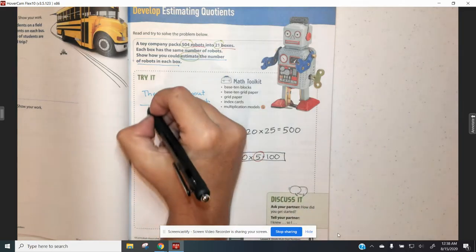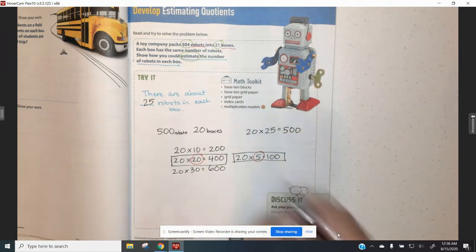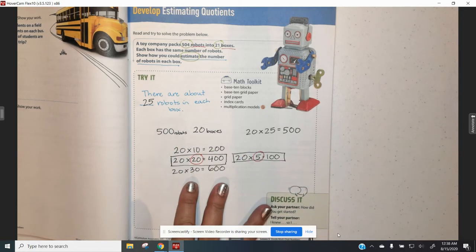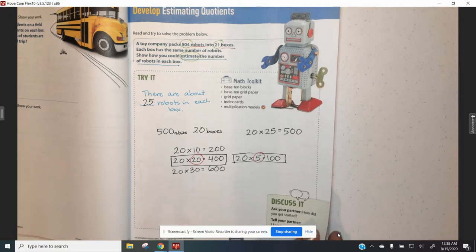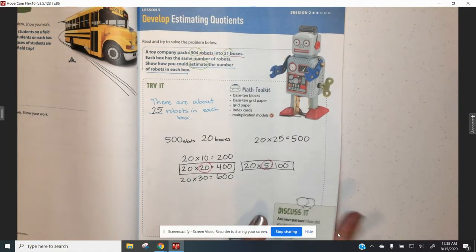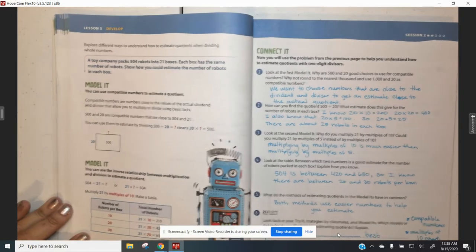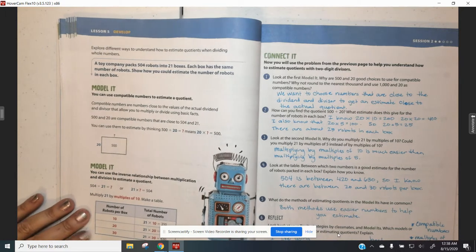So there are about 25 robots in each box. Did you come up with about 25 robots? Don't worry if you didn't, it's totally okay. That's my estimate, and your estimate may have been right if you'd used different numbers than I did. This is just one way to solve the problem. There are other ways you could have solved it.